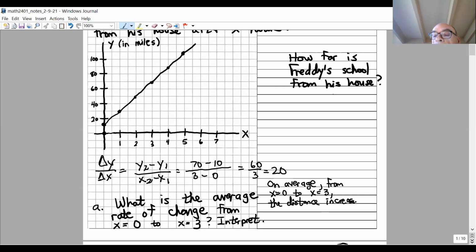So we would say the distance increased by 20 miles. And that would be every time x increases by 1, so that would be per hour, because x is time measured in hours. So on average, from hour 0 to hour 3, Freddie's distance increased by 20 miles per hour.